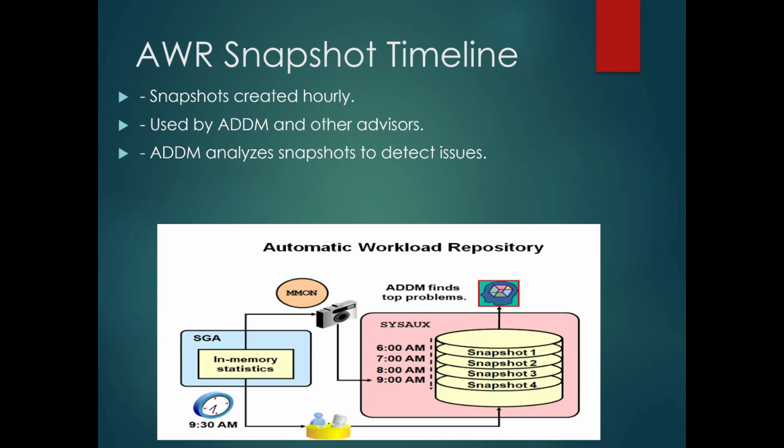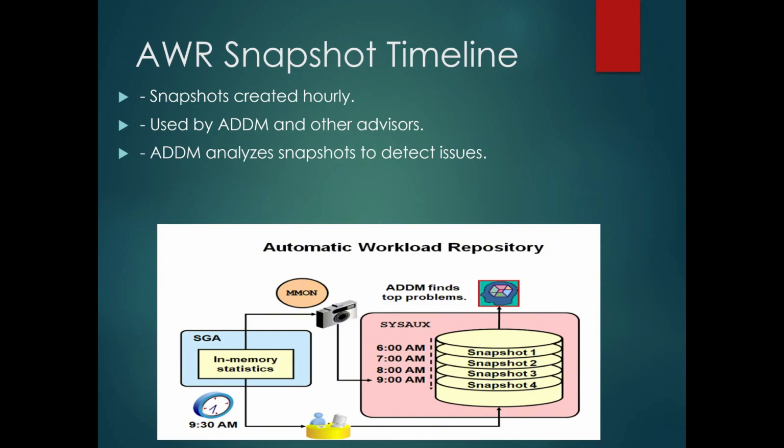ADDM is the Automatic Database Diagnostic Monitor. Whenever a snapshot arrives in our SYSAUX tablespace, say every 6 a.m., 7 a.m., 8 a.m., 9 a.m., when the first snapshot comes at 6 a.m., ADDM checks that first snapshot. If there are any bottlenecks or issues in our database, it will detect them and notify us.